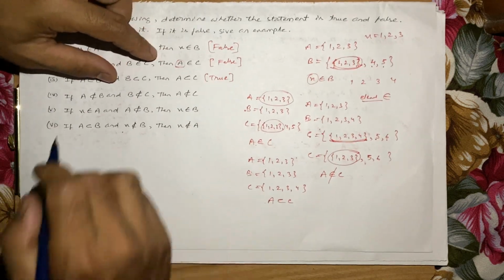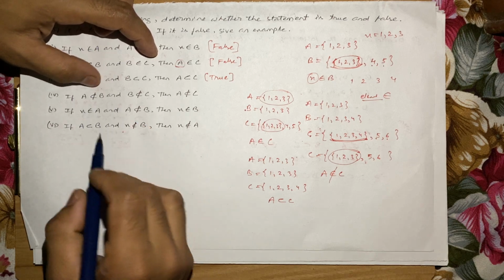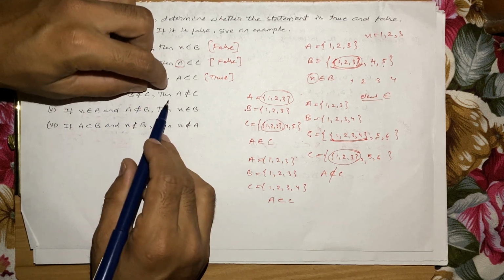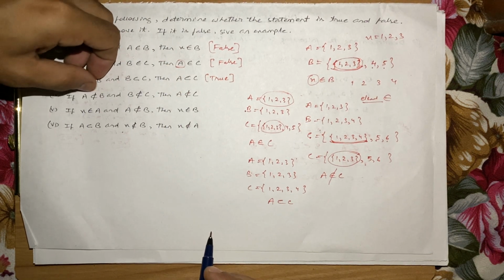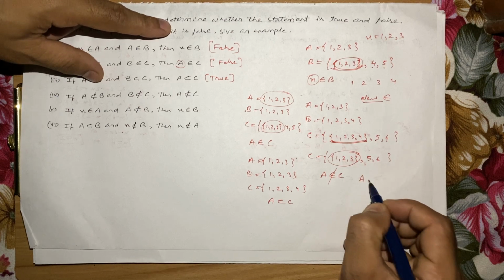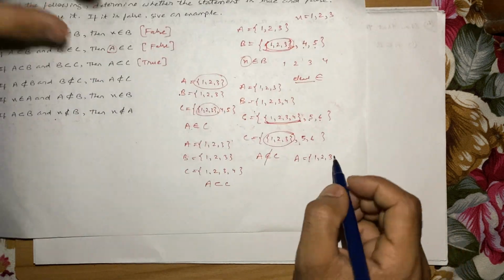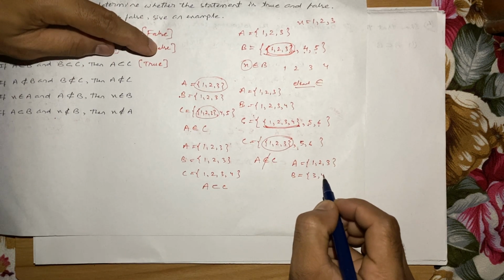Now the next one is, if A is not a subset of B, I'm sorry, okay, cut. So A is not a subset of B and B is not a subset of C, then A is not a subset of C. Okay, let's try to form this. If A is not a subset of B, let's say there is a set A which is 1 2 3. Okay, and there is a set B which is, let's say, 3 4 5.